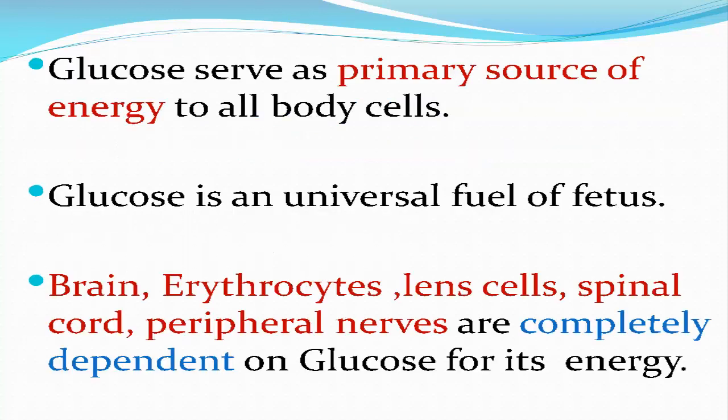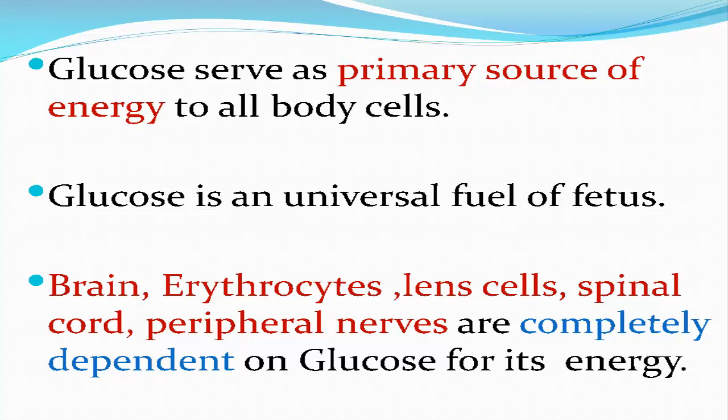Next, what is the most important function of glucose in our body? Glucose is the primary source of energy to all the body cells. All the body cells that continuously need much energy, the fuel that they use is glucose. The fetus during intrauterine life also, glucose is the main fuel.